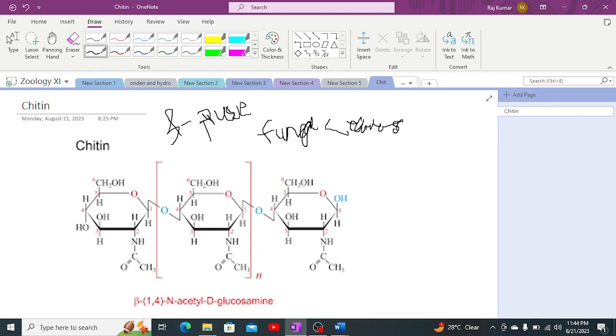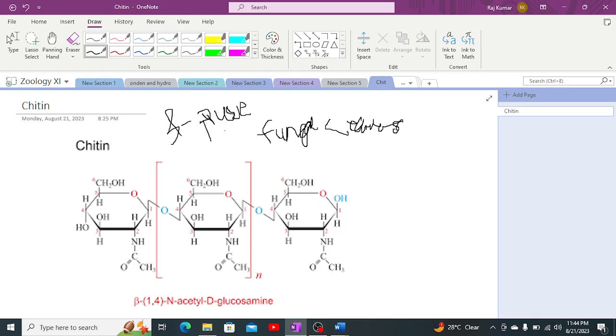This type of structure is present in the fungal cell wall. On the other hand, the impure or modified form is quite harder, stronger, tough, and not flexible, and that kind of structure is present in the exoskeleton of insects, as well as in the shells of mollusks and crustaceans, etc.